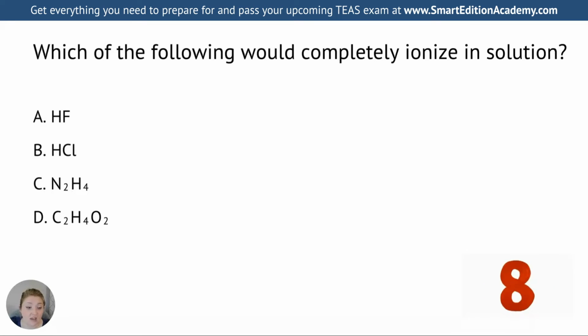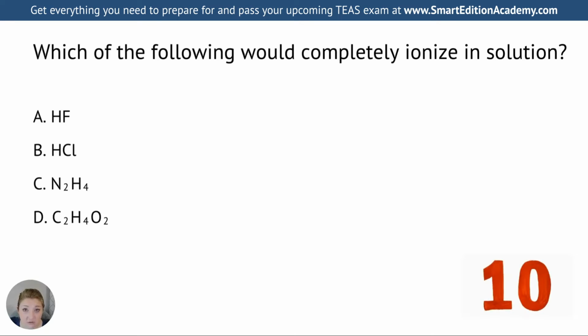We have HF, HCl, N2H4, or C2H4O2. If you don't have them memorized, that's okay. We're going to use our nifty trick that acids usually start with an H. So we can take a look here, and we know that HF and HCl are acids.